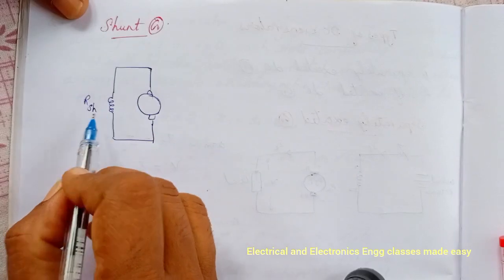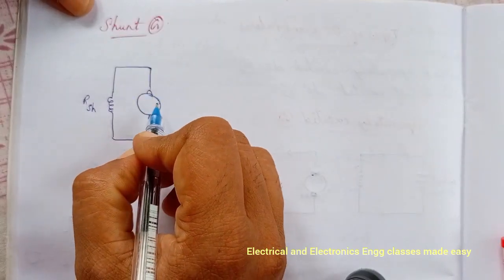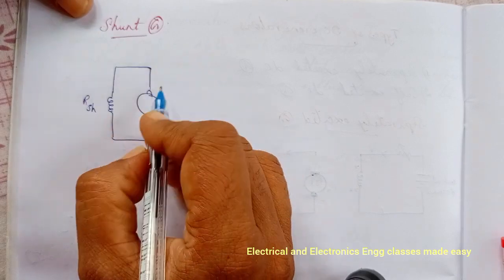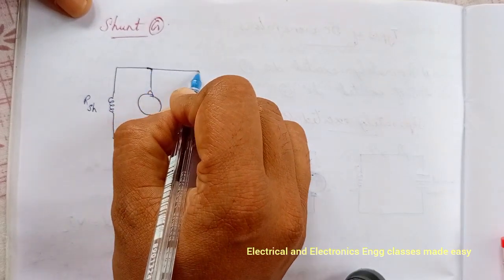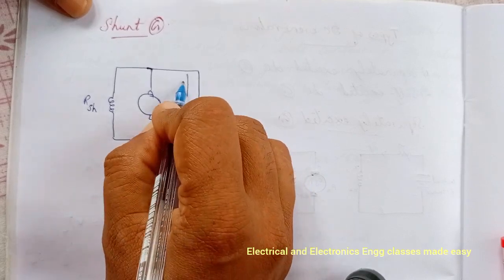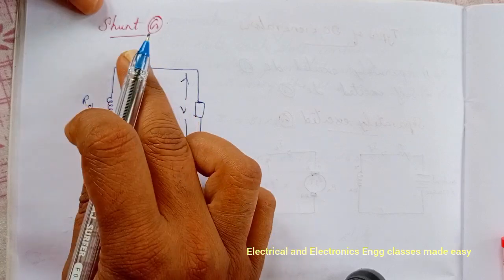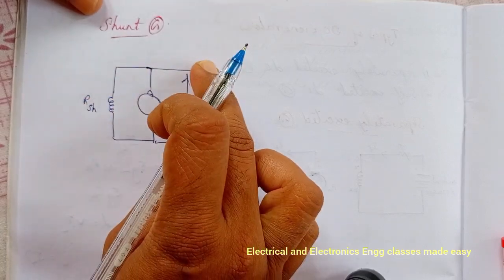So here the field winding is connected in parallel with the armature winding, so that the terminal voltage of the generator is applied across it.